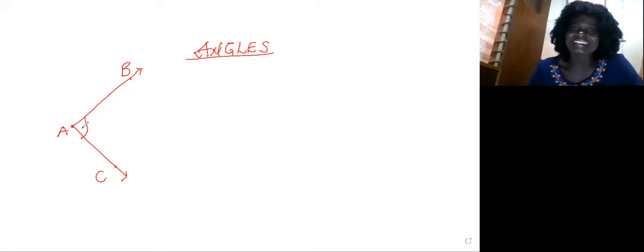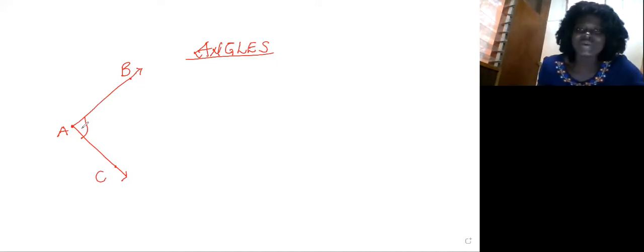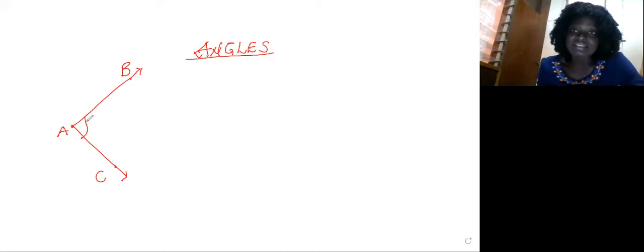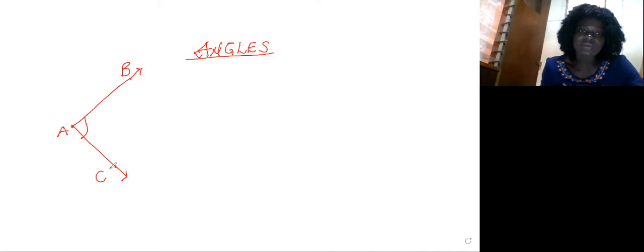Excellent. Now let's discuss it together and compare it to what you wrote about what an angle is, or some features of angles. The first I'll talk about here is, looking at our diagram, we can see that we have a ray here, then another ray here. So we have two rays. So the first point I'll make here is an angle consists of two rays with a common point.